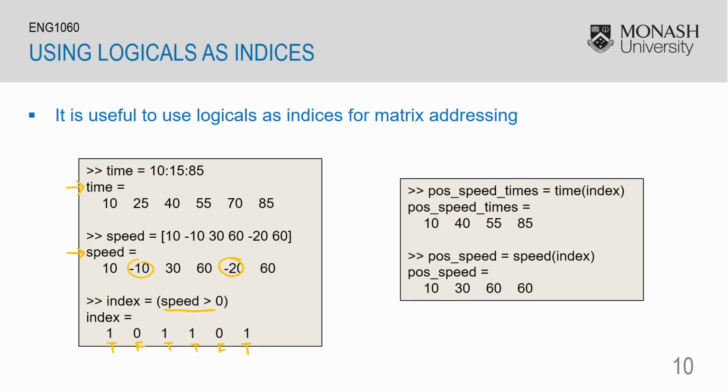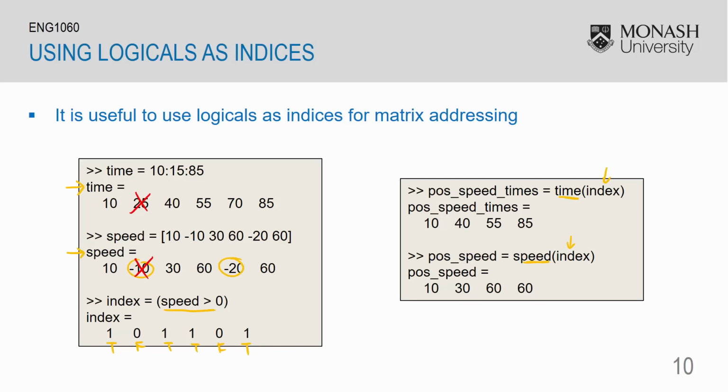We can then address our original time vector and speed vector with the index variable. What this will do is it will return values that have a true index. So it will go through, the first element is true, so it gives you 10. The second element is false in index, so it will get rid of the second elements.